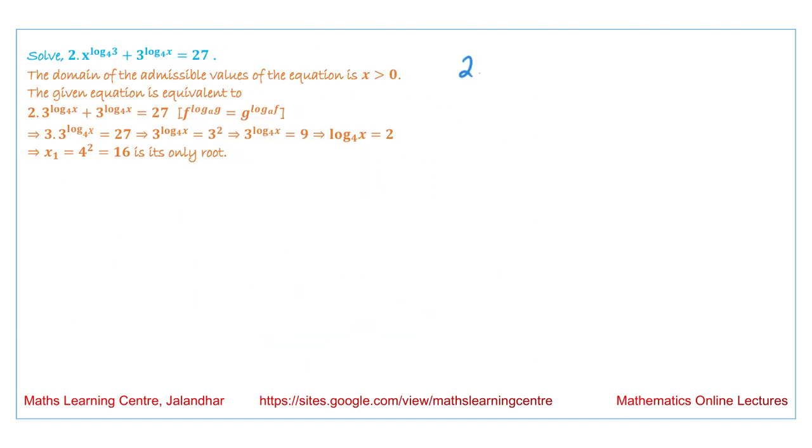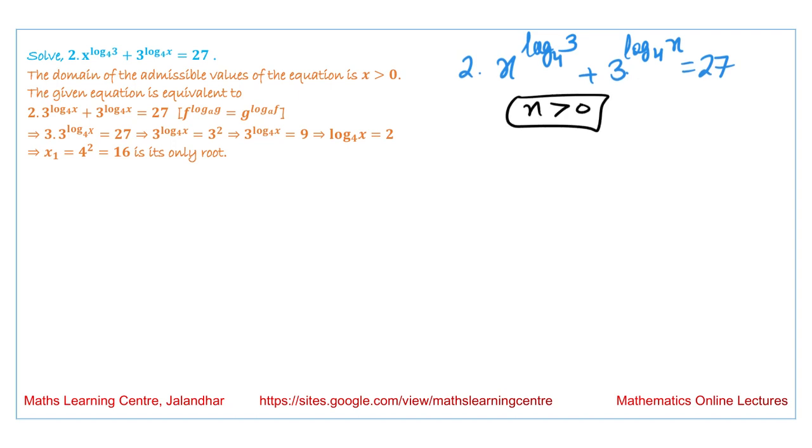Next is 2 into x raised to the power log 3 to the base 4 plus 3 raised to the power log x to the base 4, that is equal to 27. So one thing is clear from here, that the value of x must be greater than 0.